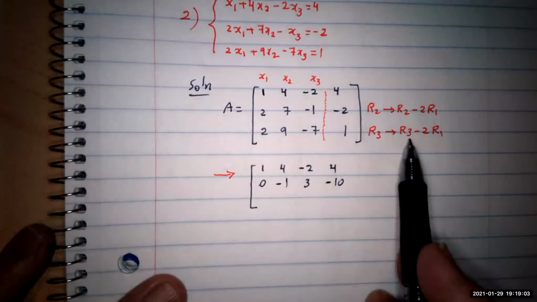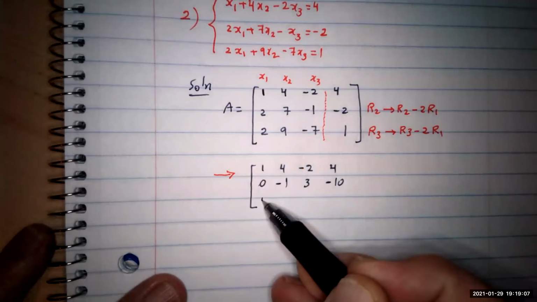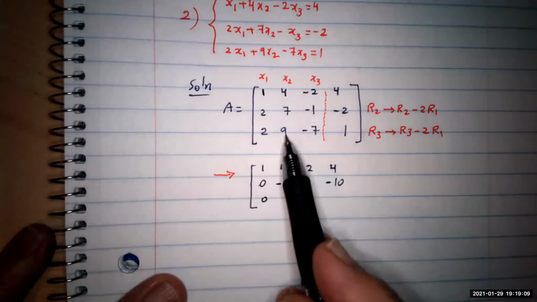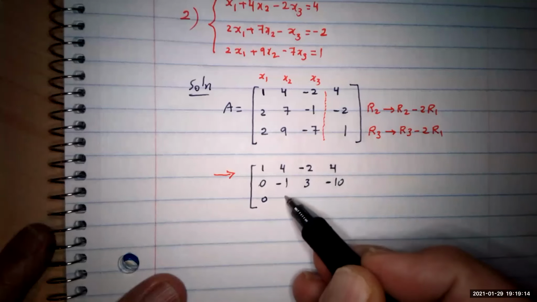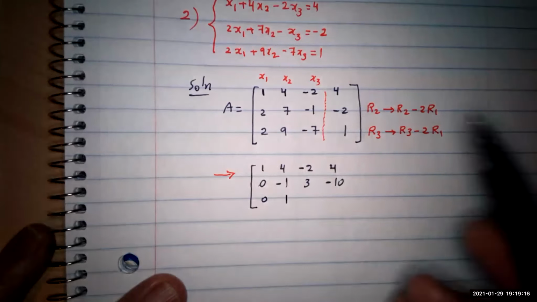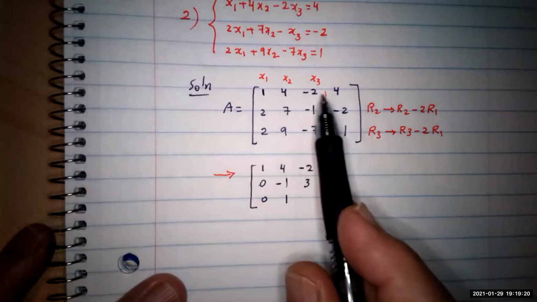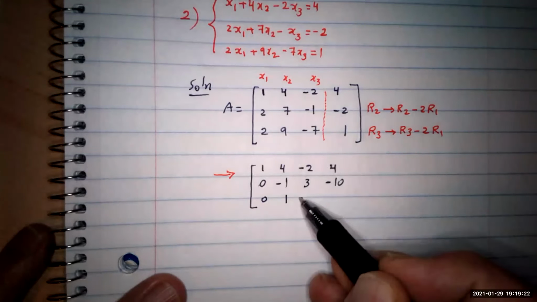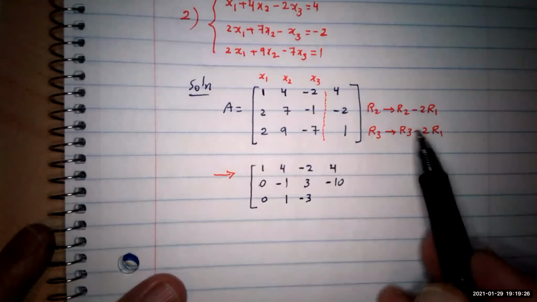Then we go to R3 minus 2R1, so that gives you 0. Okay, 9 minus 2 times 4, 9 minus 8, that gives you 1. Negative 7 minus 2 times negative 2, so that gives you a positive 4, so that gives us a negative 3 here, negative 3, and we have the R3 minus 2R1.